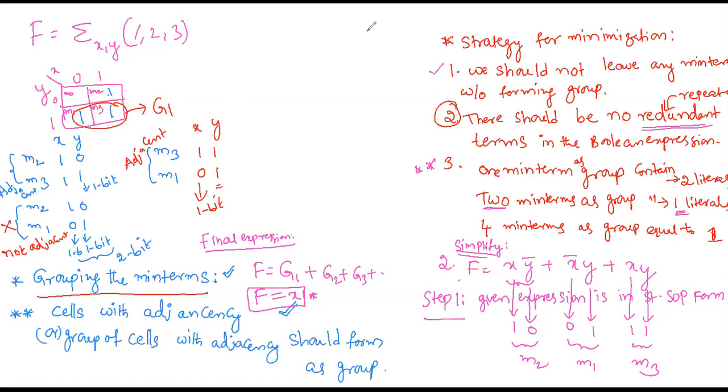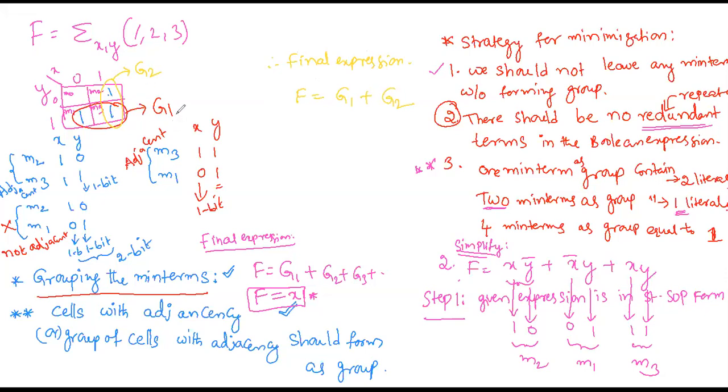M2, M3 is another group; give the name G2. So the final expression is F is equal to G1 plus G2.